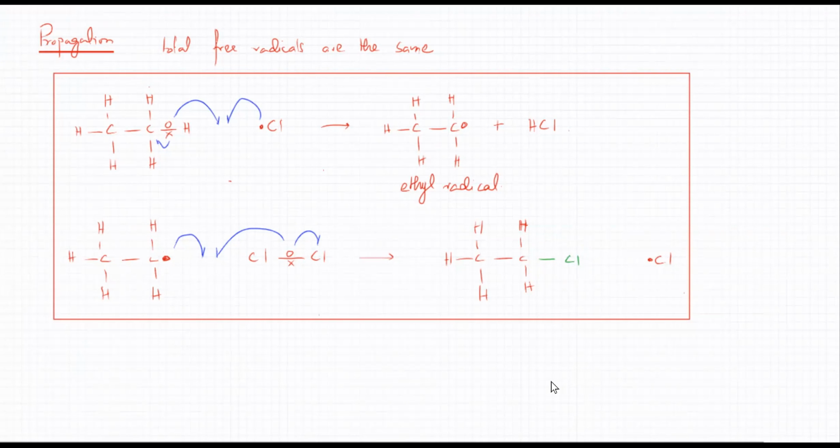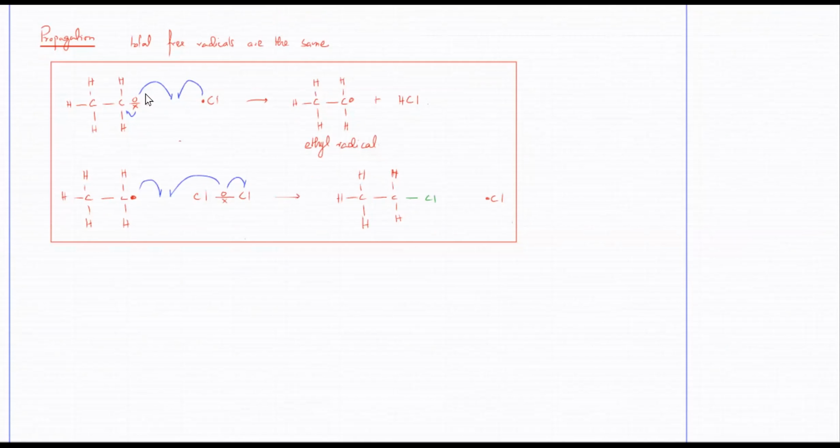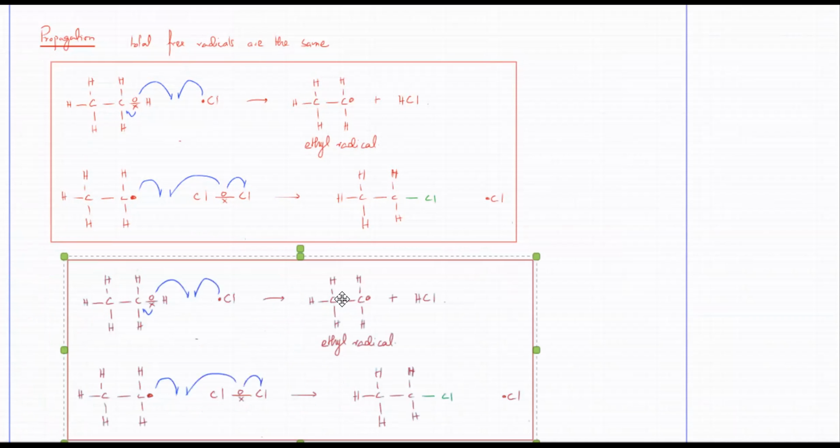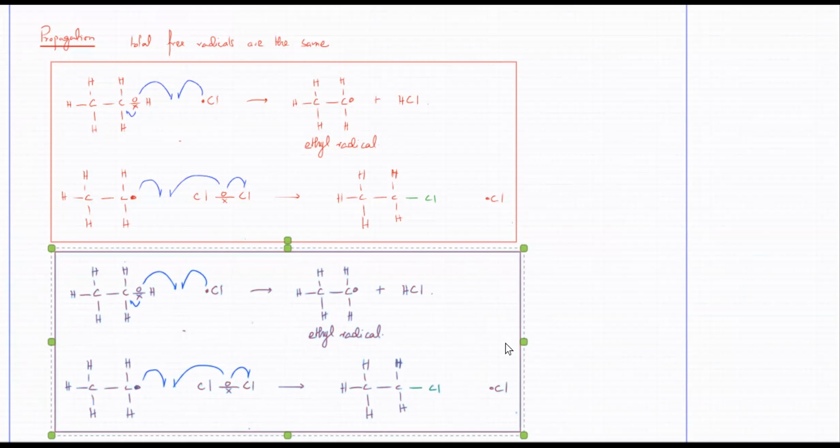Now the same two steps are just going to repeat over and over again. The propagation steps just keep on happening randomly. The only difference would now be that you're going to start at this position. One of the Cl has already been substituted. Initially your starting molecule had all hydrogen atoms, right?